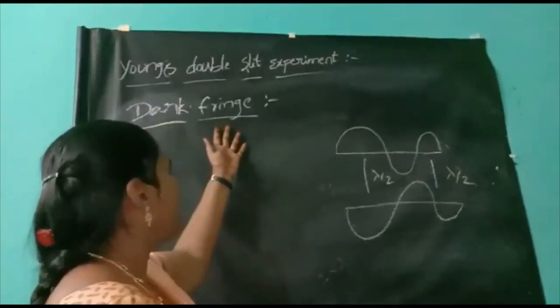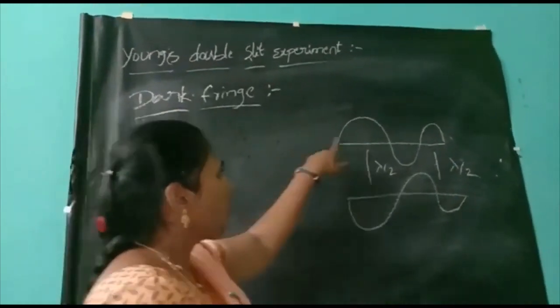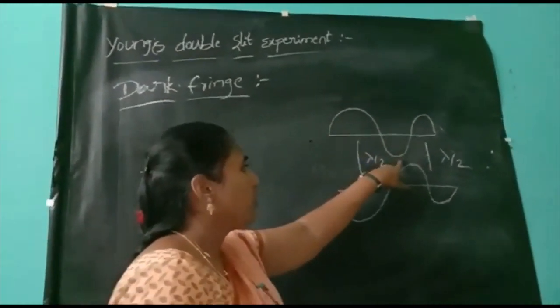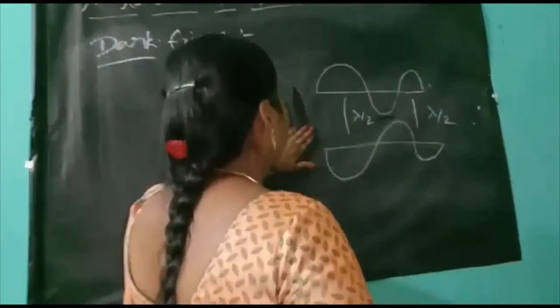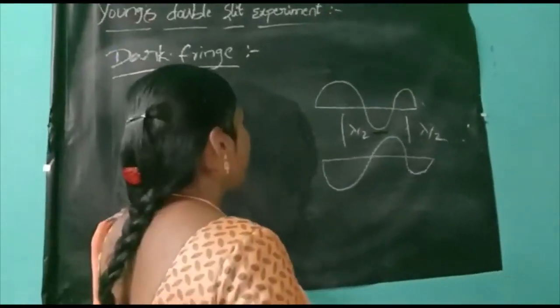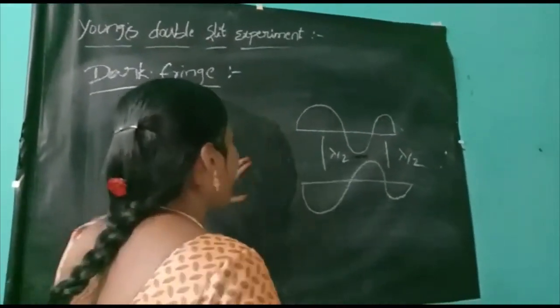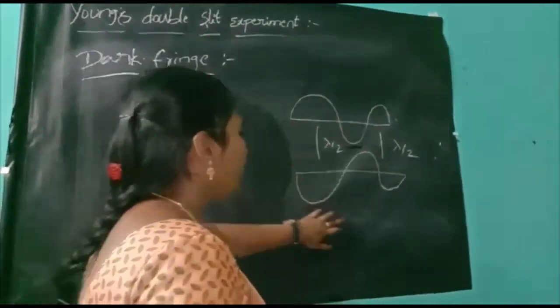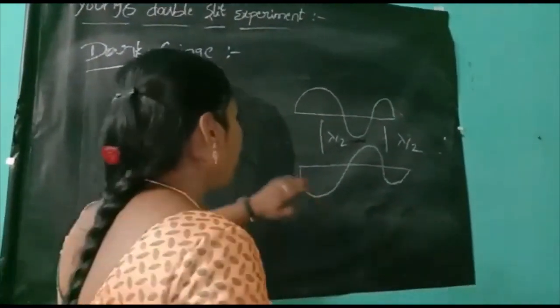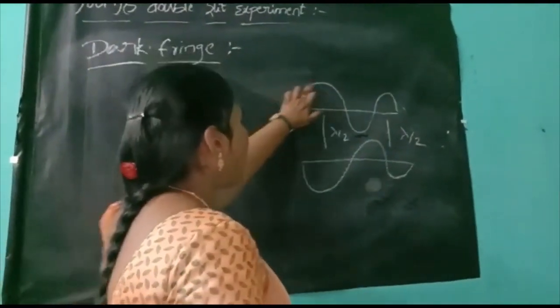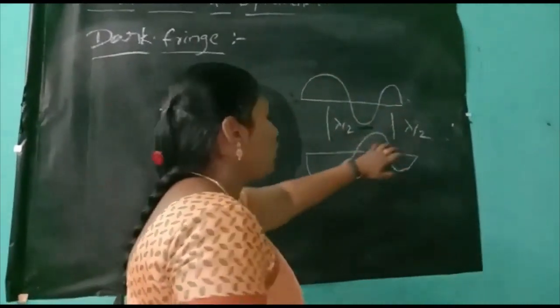Next concept, dark fringe. Due to the overlap of two light waves, intensities I1 and I2, which are moving in opposite direction. This is in upward direction, this is in downward direction.